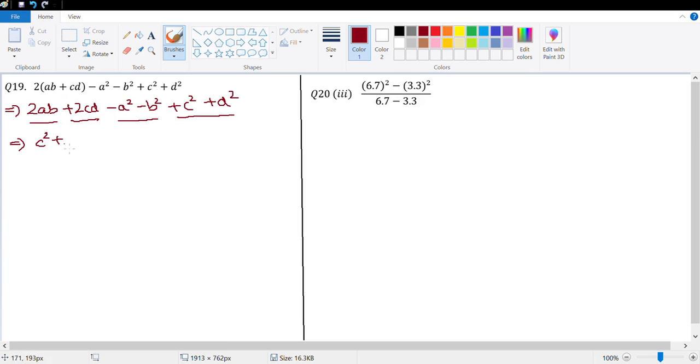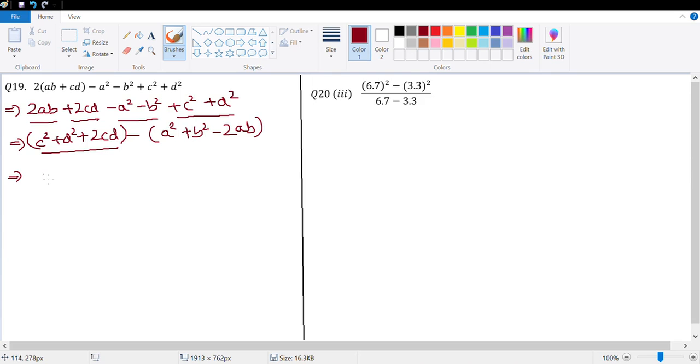So c square plus d square plus 2cd minus, let's take minus common. What we are left with is a square plus b square. Yes, the sign of a square changes, the sign of b square changes, and this becomes also negative 2ab because this is plus here. If I take negative common, then this becomes negative 2ab.